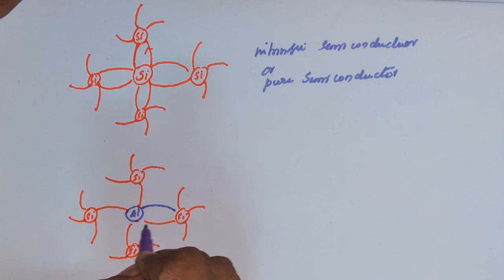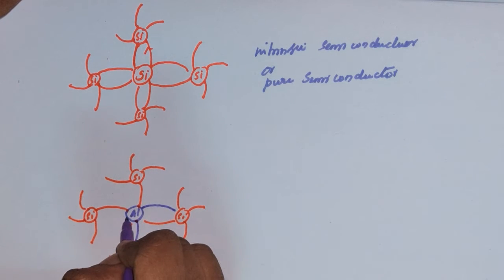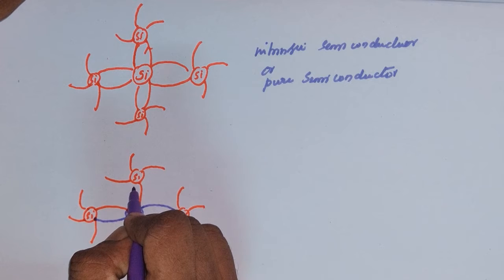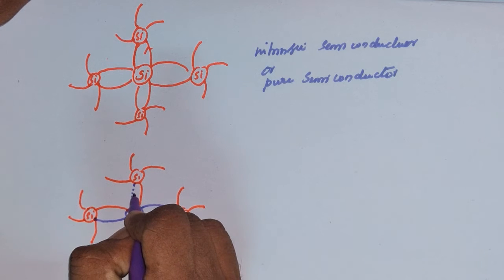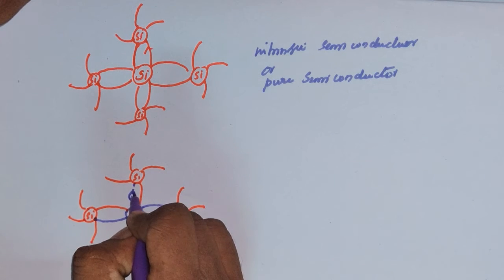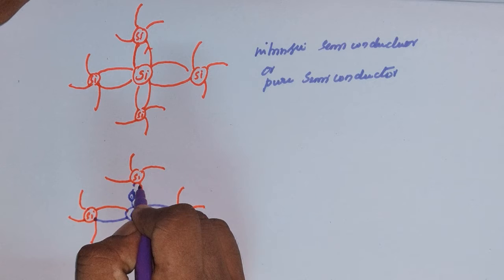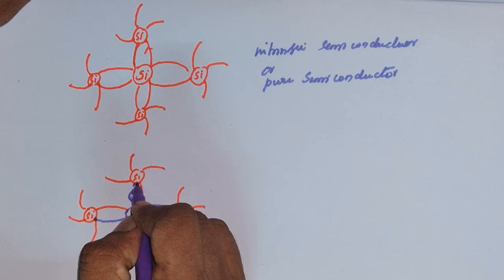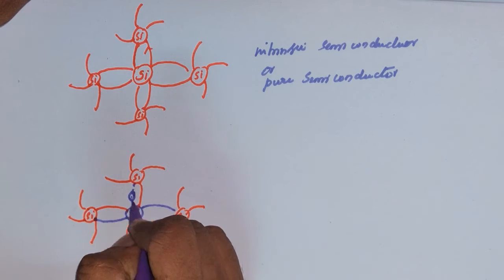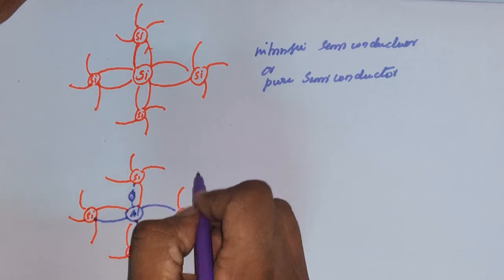If it is making bonds with these 3 nearest neighbors, there is one vacant bond in this region. There is no bond because there is no valence electron available. So we call this region a hole. Aluminum cannot make the fourth bond with silicon because there is no more electron available, as it is a trivalent atom.